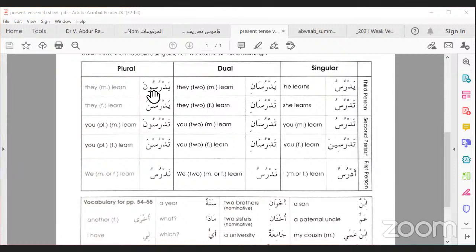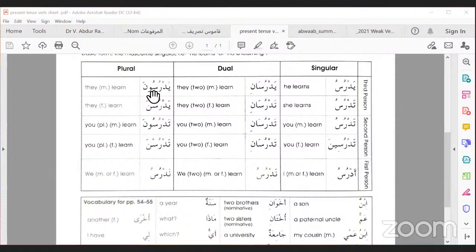Sister Mehreen Jaffrey, shall I ask you the next question? Sure, start. You all females learn. تدرسن. Sorry, تدرسنا. Oh yes, you're right. It's tadrusna. You all men learn. تدرسون. Tadrusuna.